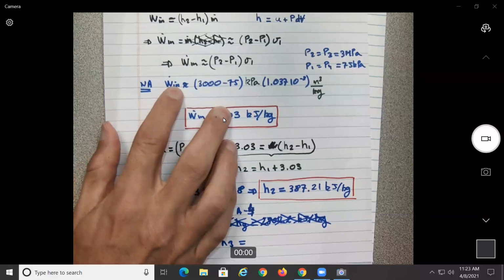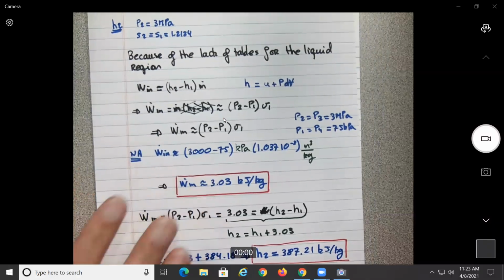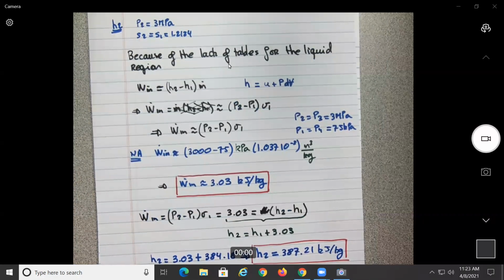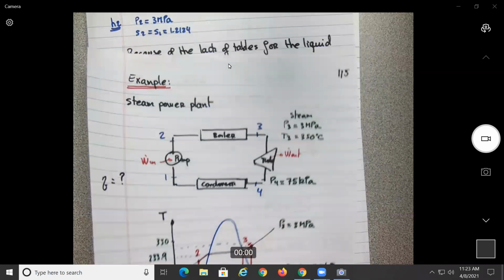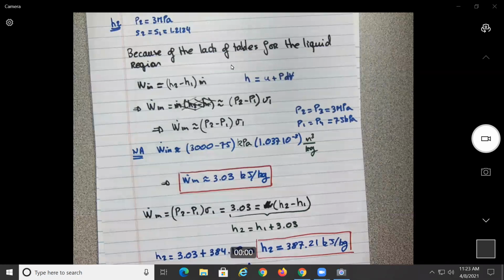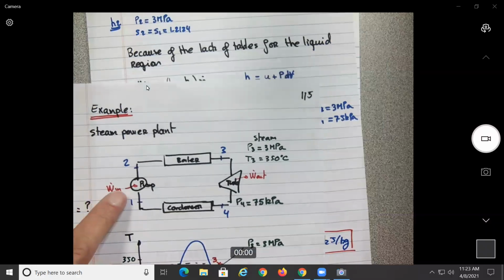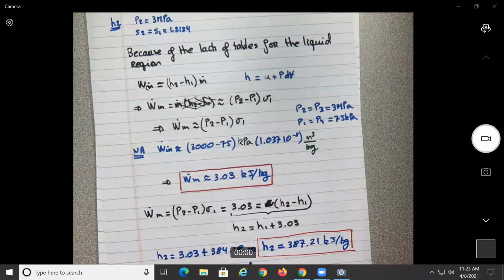Now over here, because of the lack of tables for this region, all right, we know that the change here, the power needed to run the pump, which is this one over here, is equal to H2 minus H1 times M, but this could be approximated by P2 minus P1 times V1.